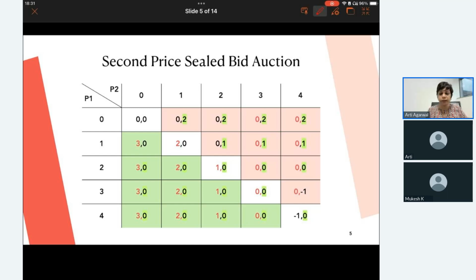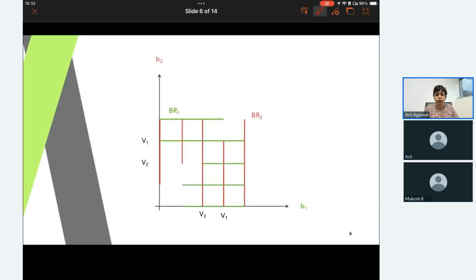Now let's try to represent this on a diagram. Okay, this diagram is a little bit tricky. So try to understand what we mean by a best response. What we are plotting are best responses. On the x-axis you have bidding strategy B1 of player 1.